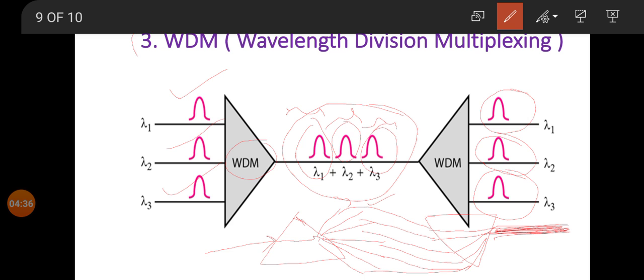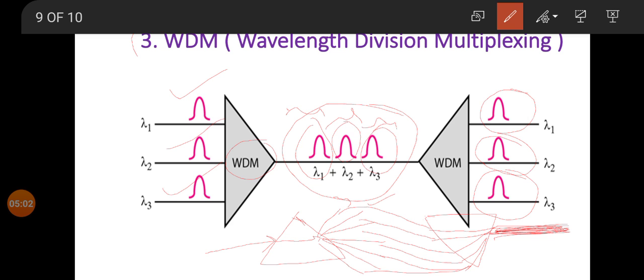Understood? So this is what WDM is. In WDM, multiple light beams from different channels are combined using a multiplexer and sent as a single light through an optical fiber. Clear?